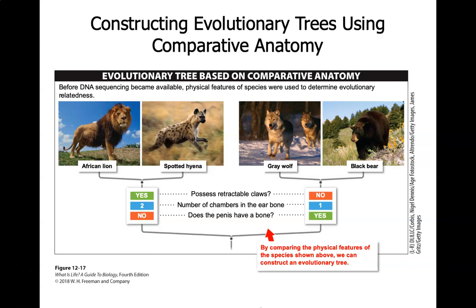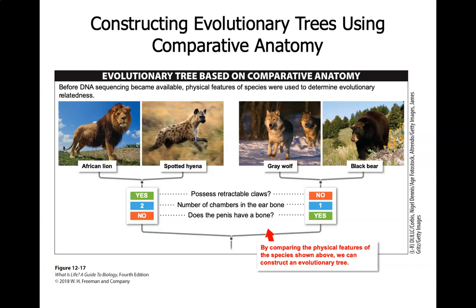Now some of this is going to be based on where the organisms are located. So if we're looking at these animals in North America, they're probably more closely related than they are to animals that are located in Africa. So we can use biogeography and distribution of species to help us with this.